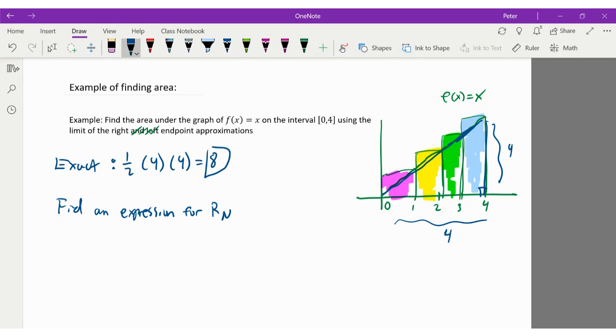Well, first of all, let's find delta x. Delta x is going to be b minus a over n, remember, that's our a and that's our b, which equals 4 over n. So if I choose n rectangles, then each one of them is going to have a width of 4 over n.